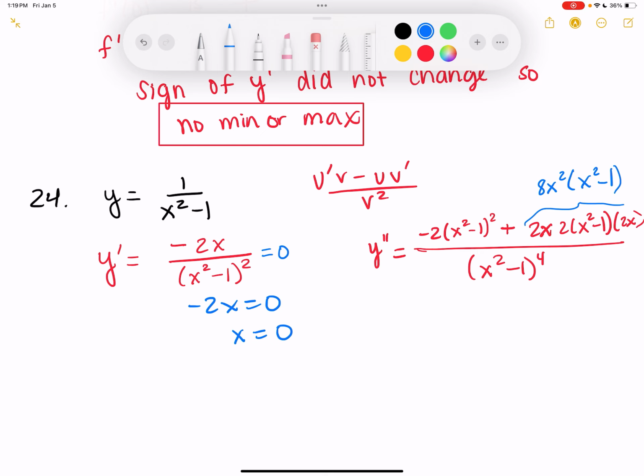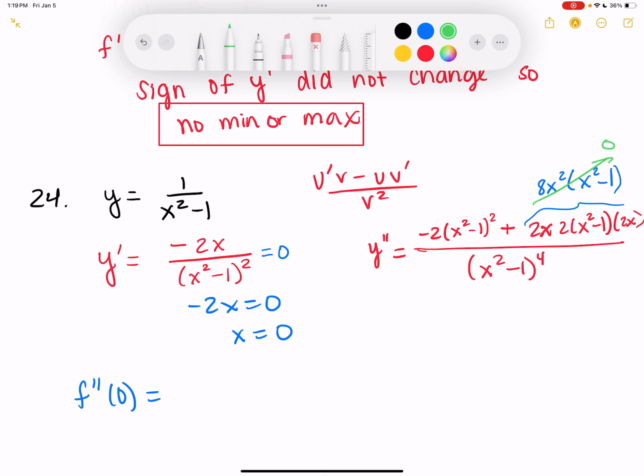So now I'm going to check what? Your second derivative at that point. f double prime of 0. This part will be 0 when we plug in 0.